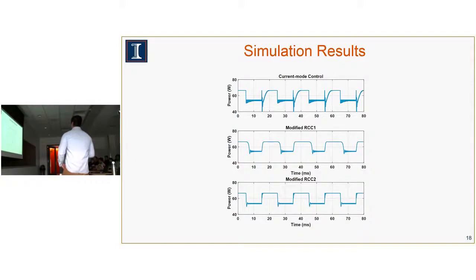So this is just the simulation results of the 3 different algorithms. You can see when we switch, this is the current mode control, so when we switch from current mode to RCC, the higher values are obviously the maximum power point. You have to get rid of that excess energy from it saturating, which causes these big spikes or transients in the power.